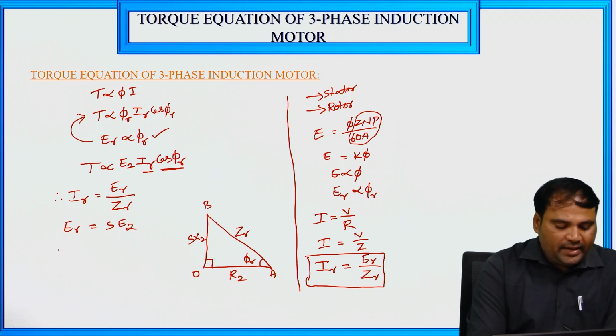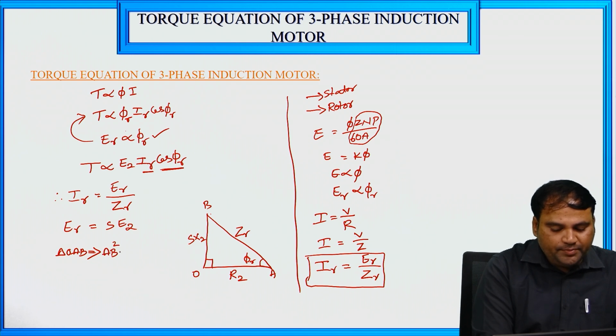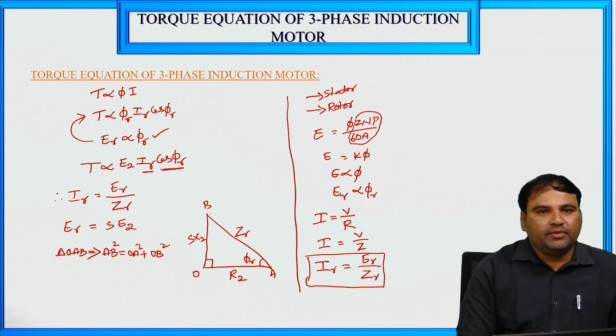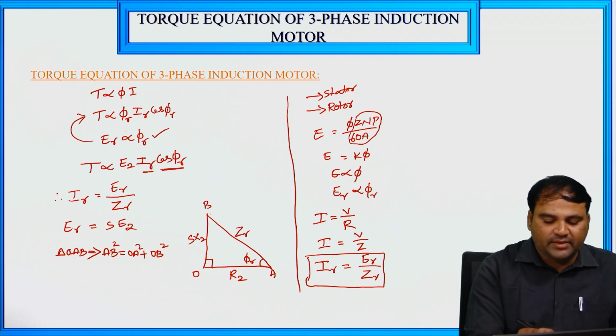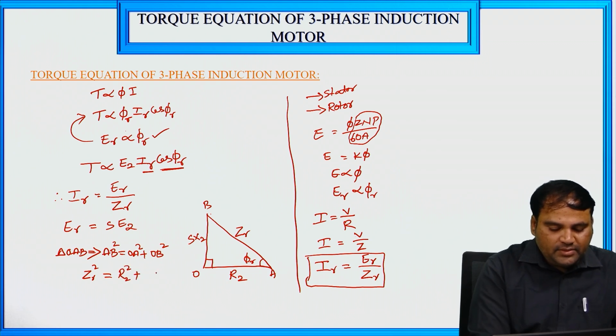Now from the triangle OAB, AB square is equal to OA square plus OB square. Here AB is ZR, OA is R2, and OB is S into X2. So ZR square equals R2 square plus S into X2 whole square.